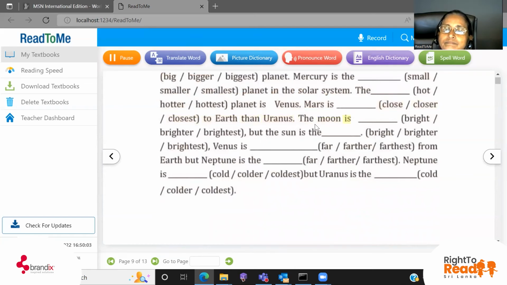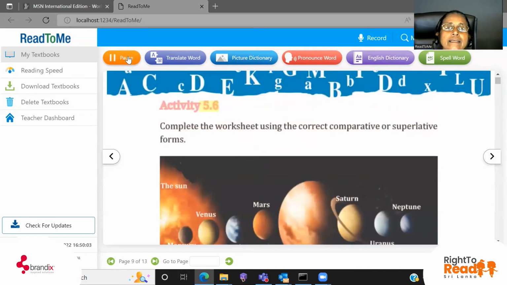The moon is bright, but the sun is the brightest. Venus is far from Earth, but Neptune is the farthest. Neptune is cold, but Uranus is the coldest. Yes. Activity 5.6.